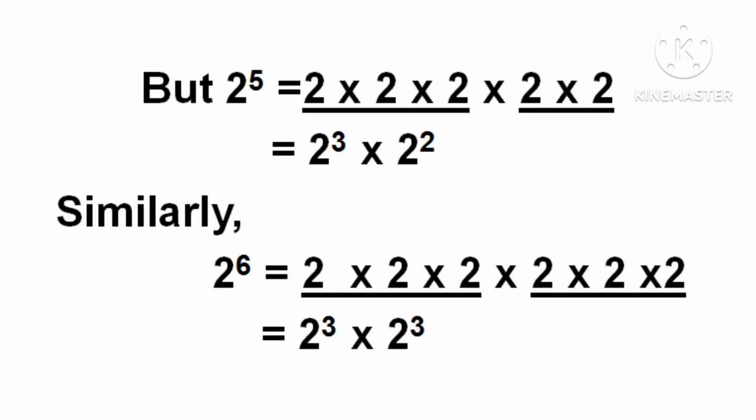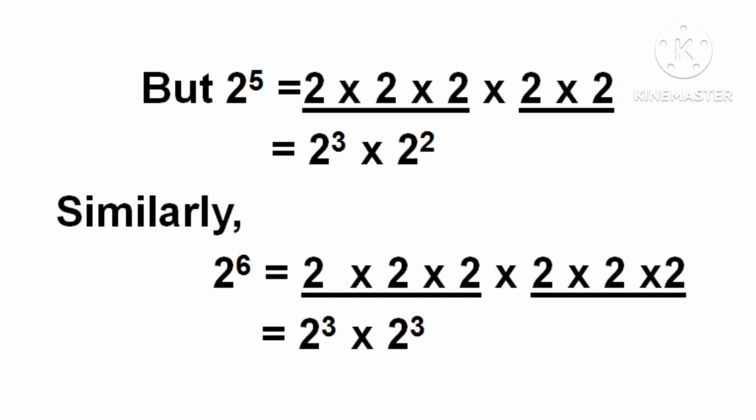Now let us understand the laws of indices. We have seen 2 raised to 5 is equal to 2 multiplied 5 times, equal to 32. But 2 multiplied 5 times can be split in 2 parts and written as 2 multiplied 3 times and 2 multiplied 2 times. Therefore, 2 raised to 5 is equal to 2 raised to 3 multiplied by 2 raised to 2.